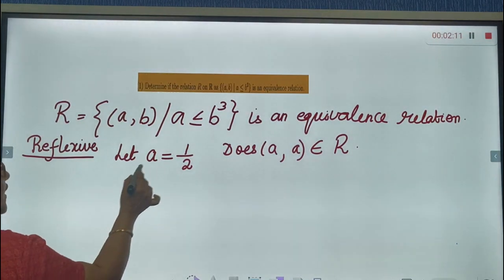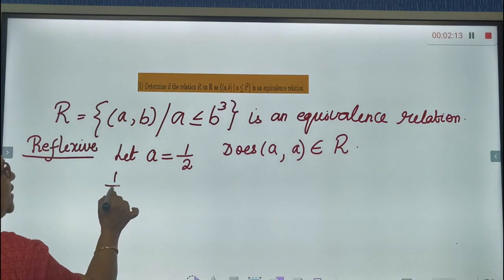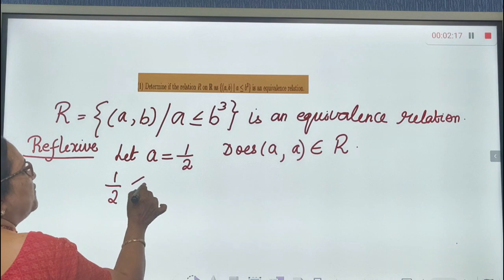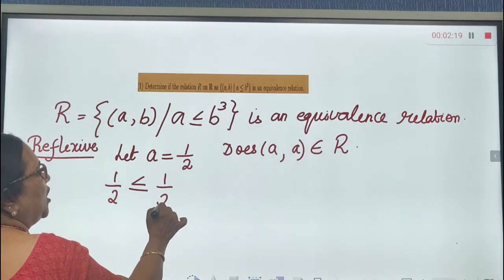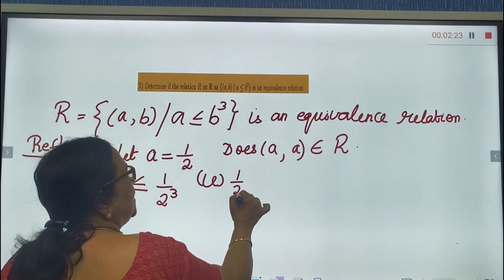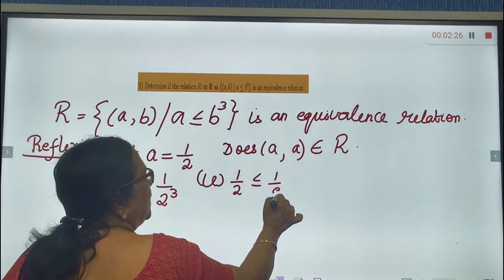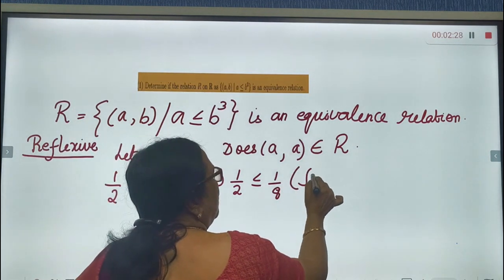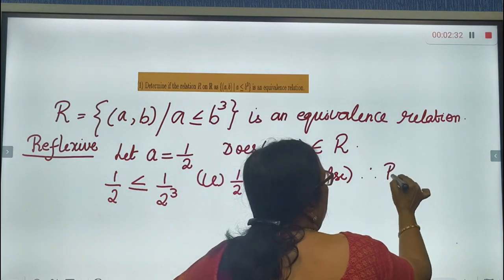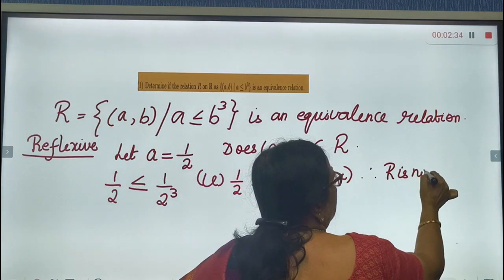Since I have taken a equal to half, if (a, a) belongs to R, then half should be less than or equal to half cube, that is, half should be less than or equal to 1 by 8. This is a false statement. Therefore, R is not reflexive.